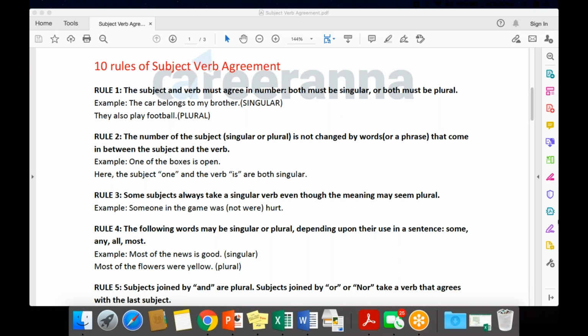So even if you have the word each, see, each is different. Each is not uncountable. Each tells me that I am talking about singular. Similarly, everyone or every is referring to singular.